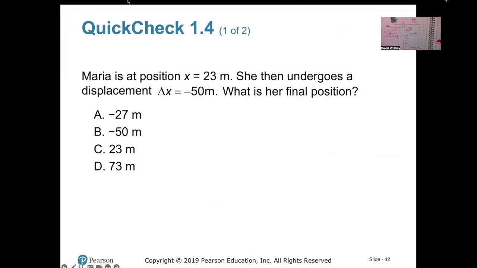Maria's at a position of x equals 23 meters. Okay, so she's at positive 23 meters and she undergoes a displacement of minus 50 meters. What is her final position?